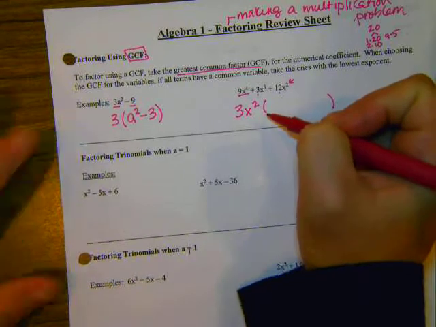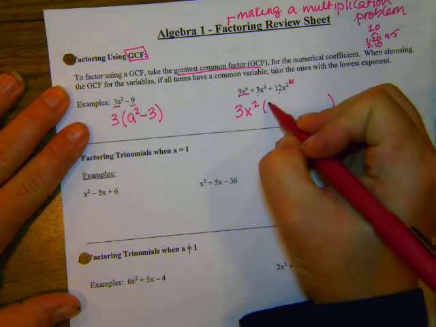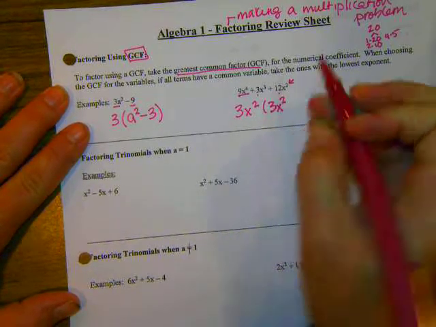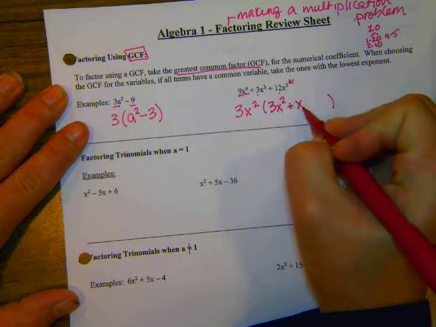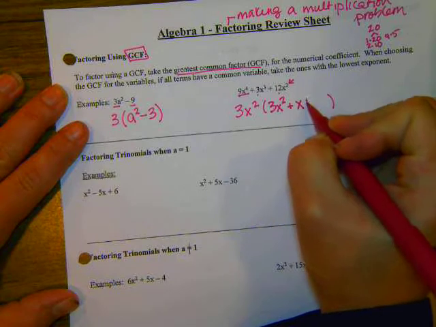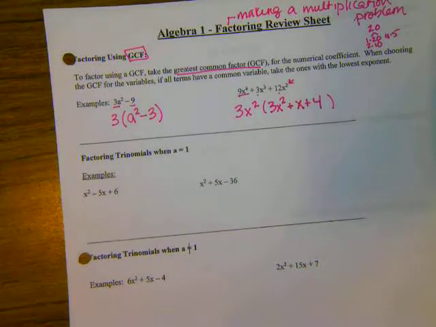If I do that, that's going to make 3x squared here plus 1x plus 4. And there's your answer. That method is known as factoring by GCF.